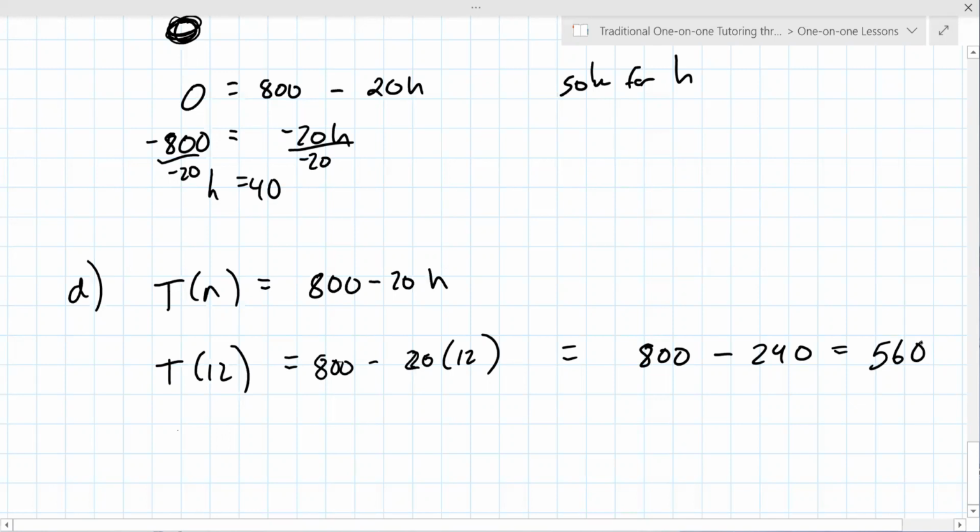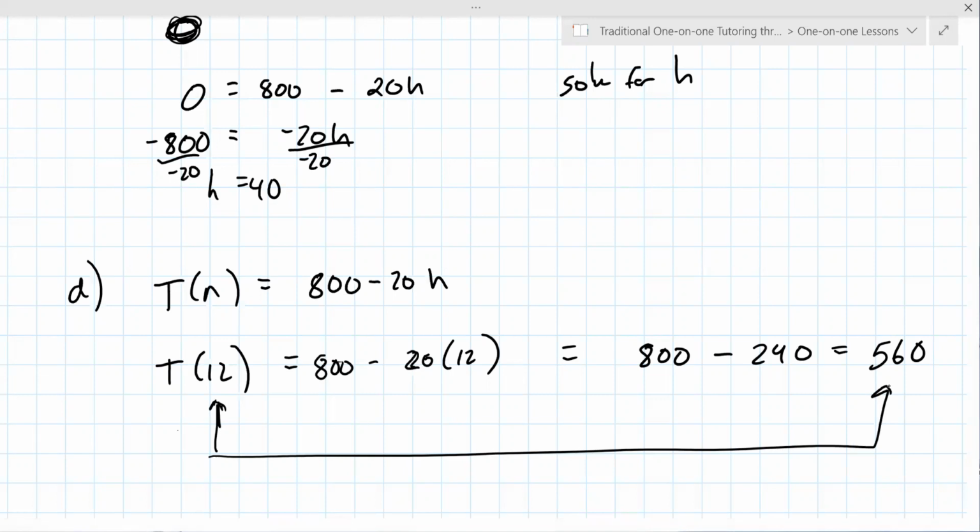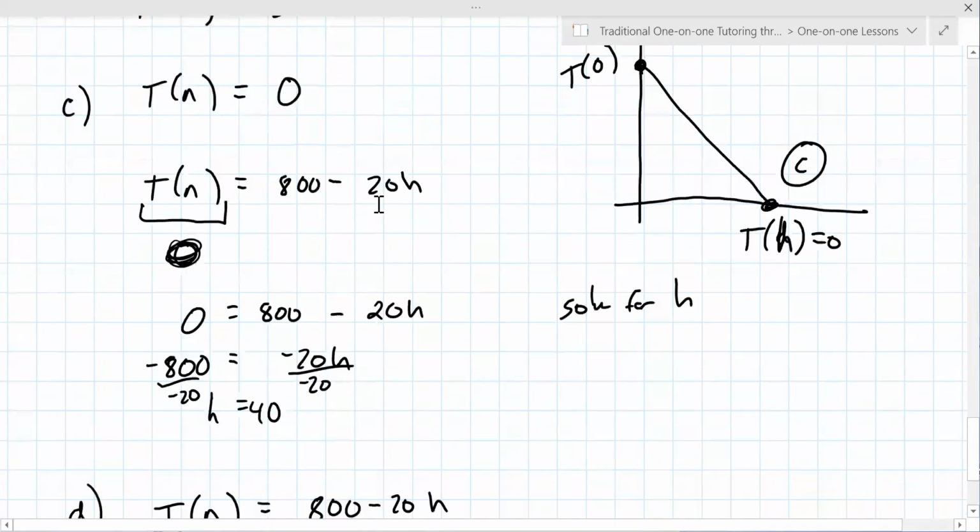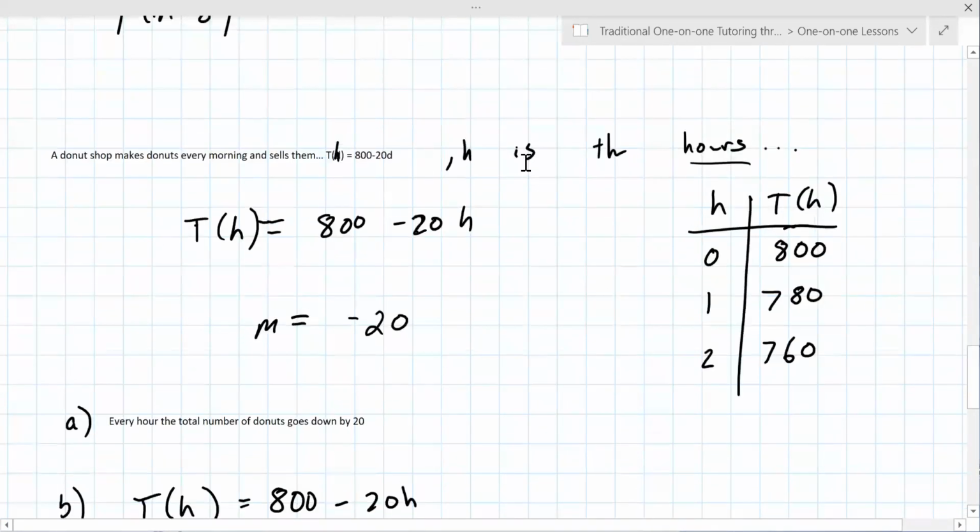So verbally give me a sentence that incorporates this number 12 and this number 560, but with the units or the scenario here. Would 12 represent 12 hours of being open? Yep.